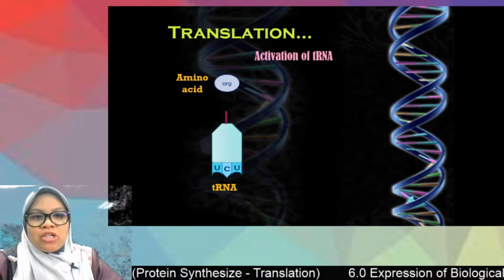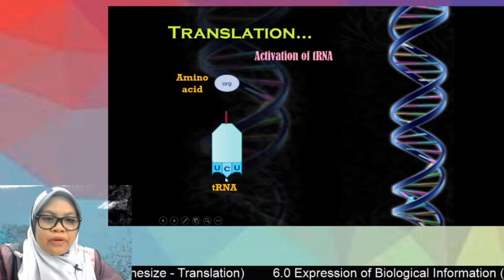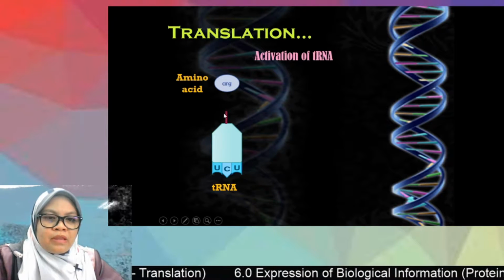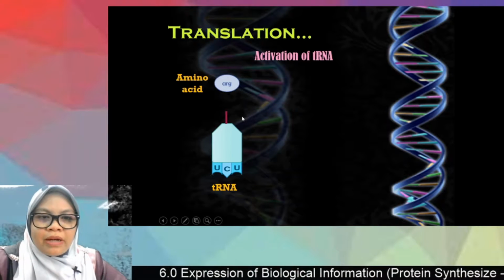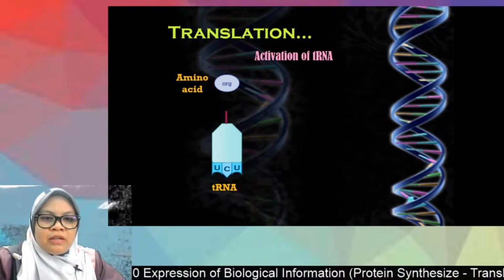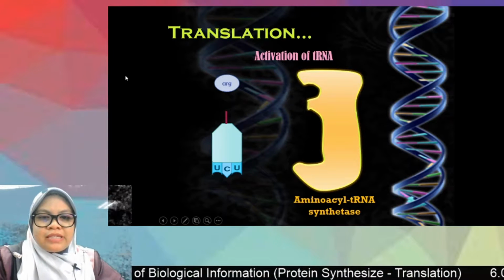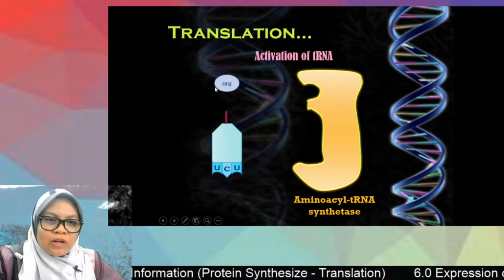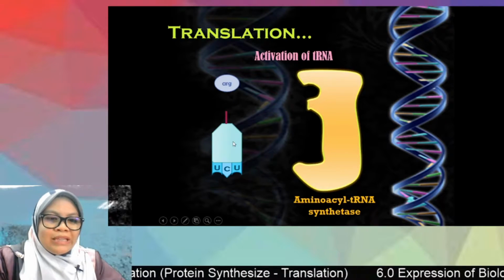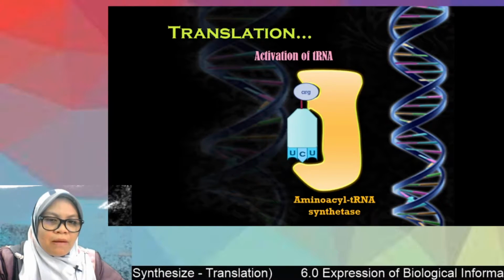So here is the animation about the activation of tRNA. This is naked tRNA, which means it is not bound to any amino acid. This is the enzyme aminoacyl tRNA synthetase. This enzyme will catalyze the binding of the amino acid arginine to the tRNA by forming a bond.